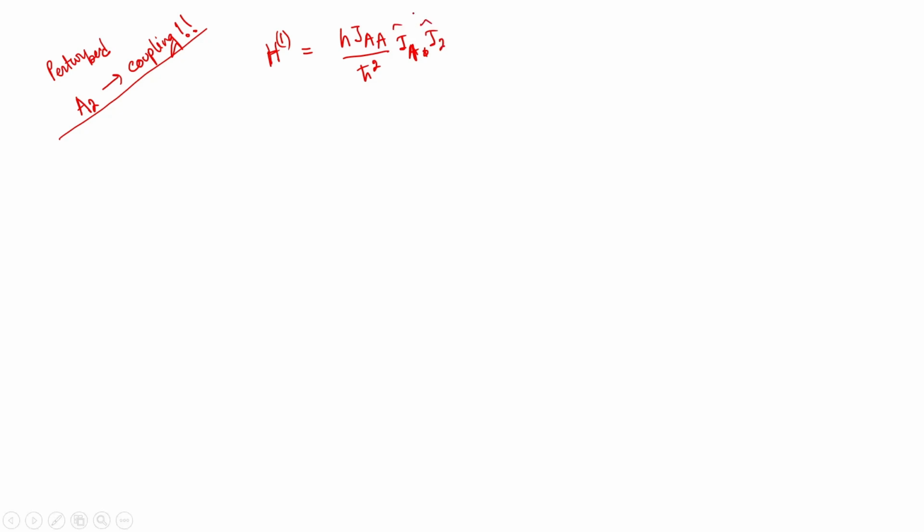So let us see. So now part of A2 system, right? Coupling is there. Coupling is there or not, we will see. Okay. So now also the same thing, that your perturbation Hamiltonian is h J, now J A by h cross square, now this is I1 into I2, something like that, right?